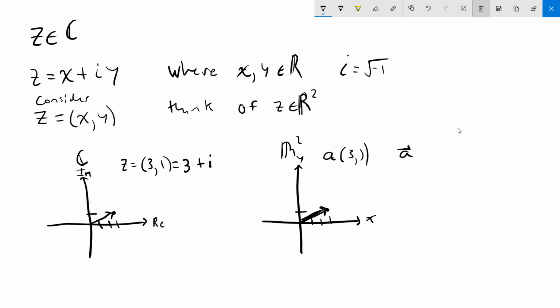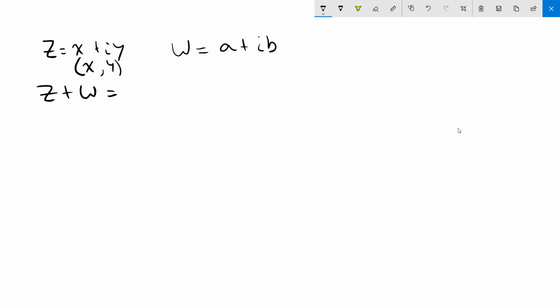So as an example, if we have z equal to x plus iy and w is equal to a plus ib, well, z plus w is natural, right? If we had these in coordinate form, this would be x, y, this would be a, b.